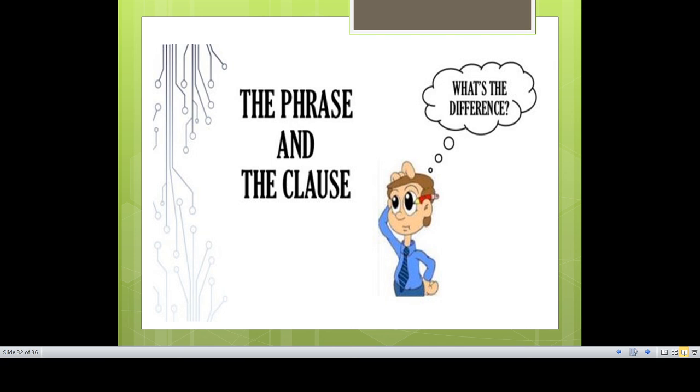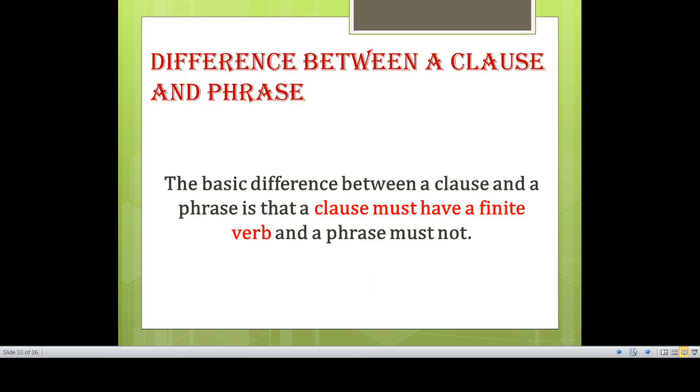Now, what's the difference between the phrase and clause? You do know that, of course, but then you need to list it out. Here I have got you some slides where you have the basic difference between a clause and a phrase. What is that? Basically, a clause must have a finite verb and a phrase must not.